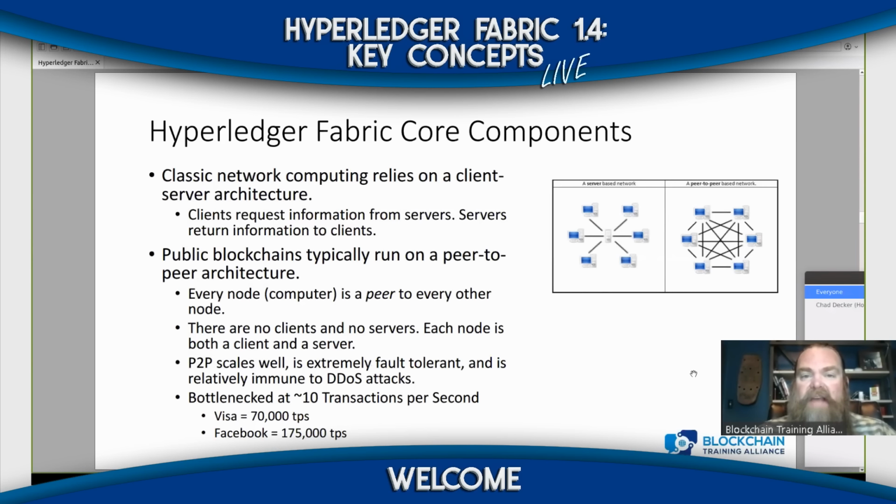Facebook likes to brag that they can handle over 175,000 transactions per second worldwide. So when you start to compare these public blockchain platforms, something like the Ethereum mainnet or Bitcoin, to some of these conventional plays, you see that there's quite a bit of catching up to do.